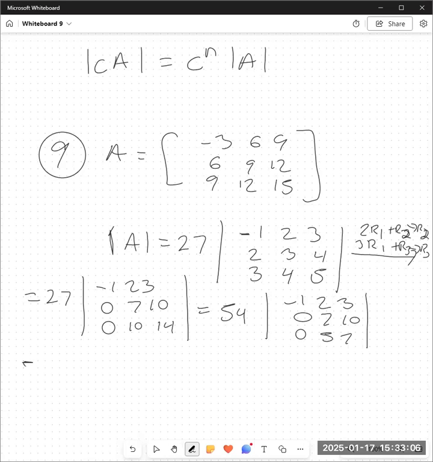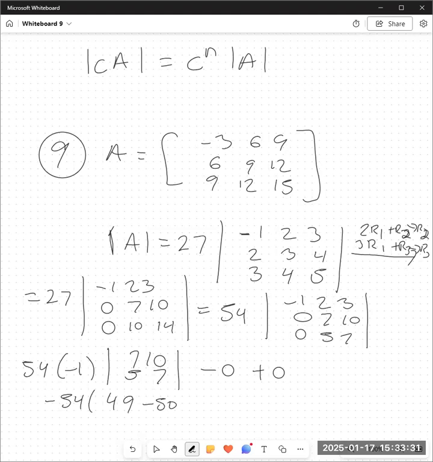So this is 54 times -1 times the determinant of 7, 10, 5, 7. And then this is going to be -0 and +0 there. So this is -54 times 49 minus 50, which is -54 times a -1. Sorry, -54 times a -1 is a +54. So we'll go with that.